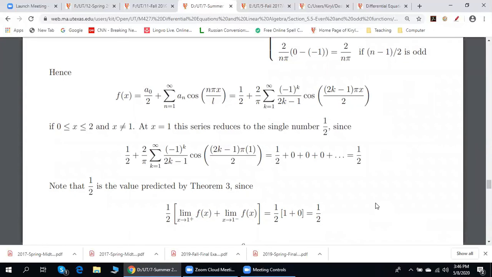And lastly, we conclude that our series converges to f of x at any point of continuity strictly inside the interval between 0 and 2. If x is equal to 1, it converges to 1/2. We can use either the theorem or just plugging in 1 into this formula, and we're done.